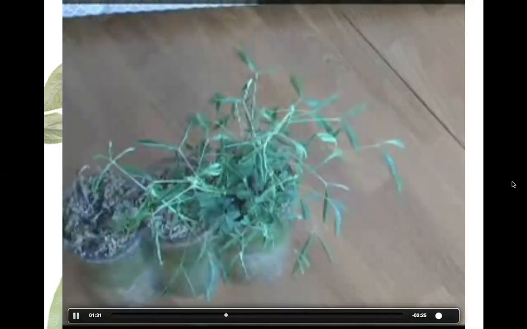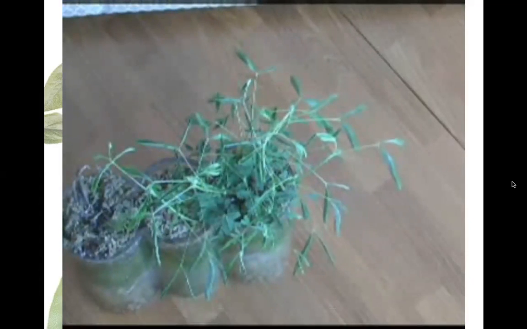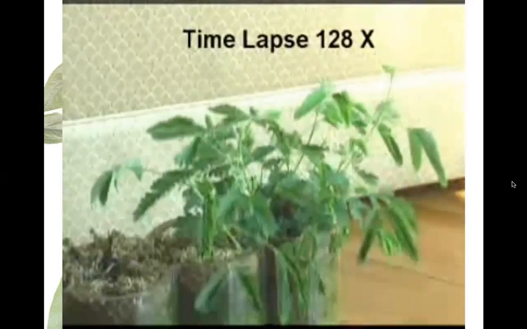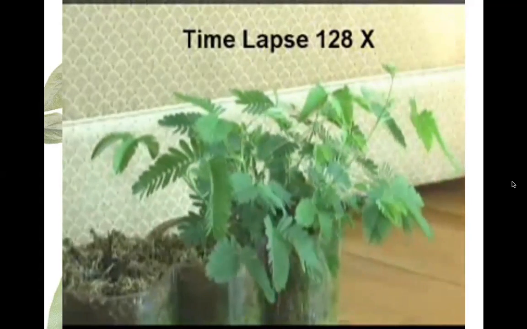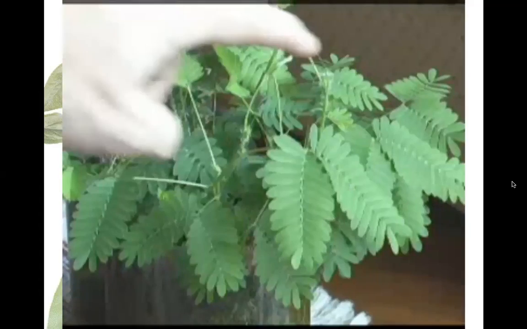And he'll show you how the turgor pressure is reapplied. I think they go in reverse. Yeah, there we go. So the time lapse is 128 times normal speed here.